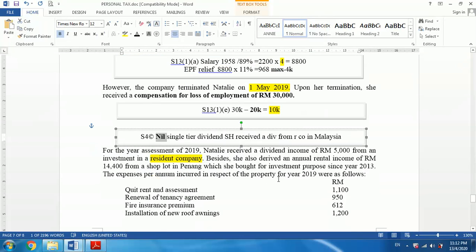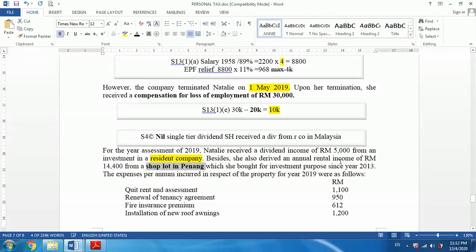And beyond section 4C, she also rents out a house and receives rental income from a shop lot in Penang. Okay, so these are all the expenses she incurs. The rental income is 14,400 per year. The question never states that she actually provides any comprehensive maintenance support services and is actively involved.